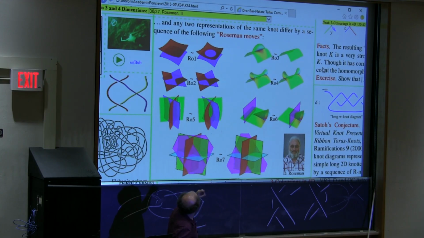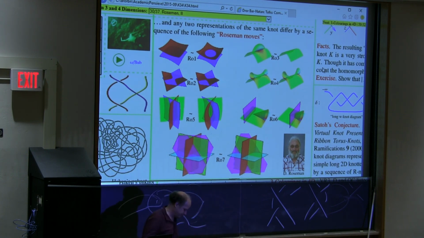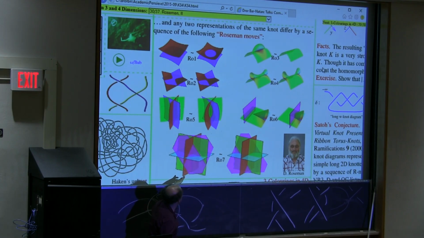The other one I let you visualize, the last one, Roseman 5, I let you visualize, and Roseman 7 is sort of the other analog of Reidemeister 3, and it's this mess over here. But even this mess is understandable.